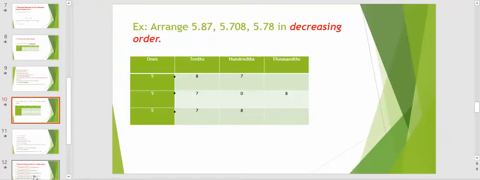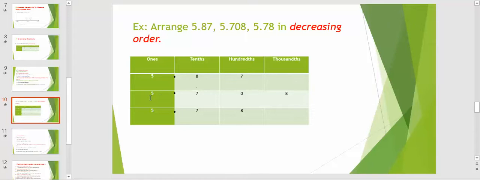Alright, this is ranking one more set of numbers, in decreasing order. Decreasing order means we rank from the greatest to the smallest. So we arrange 5.87, 5.708, 5.78. Look at the place value. We compare the 5 in the ones place, which is the same, and the tenths are different. The 8 is the greatest, so this is the greatest number.